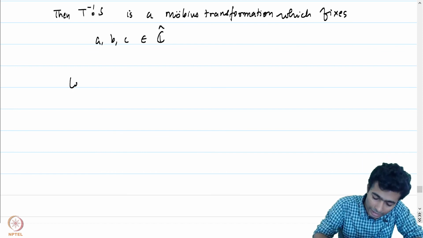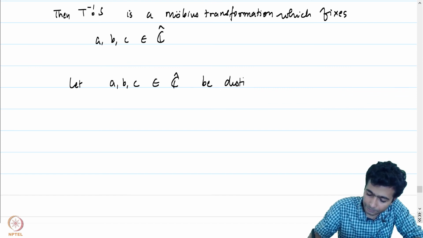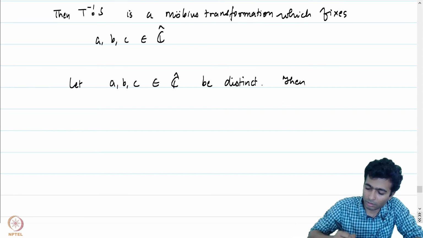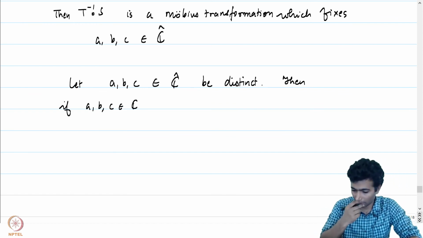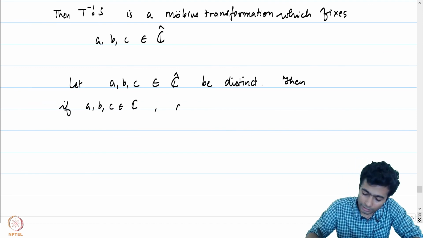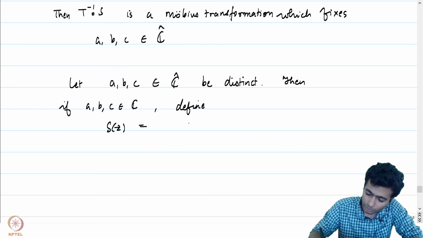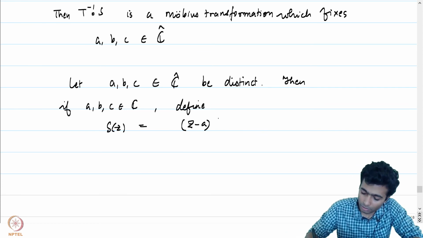Let's do that. Let A, B, C be distinct points in C hat. Then the following cases happen. If A, B, C belong to C, none of these points is the point at infinity. Let's define S of Z to be equal to (Z minus A) over (Z minus C), times a constant, which will send the point A to 0.